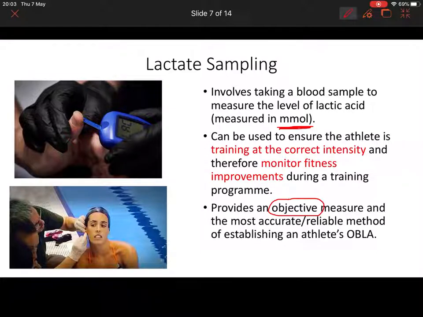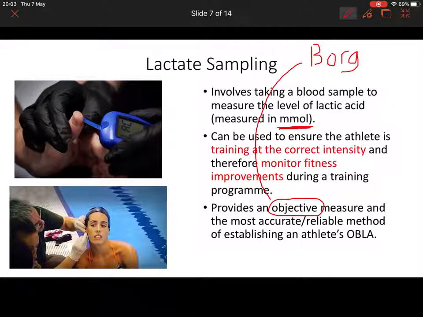Now, something that you'll also look at with me next year, but also you will definitely see in laboratories, is something in the sports science world known as the Borg scale.